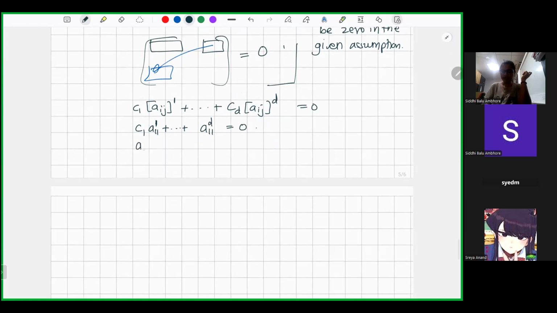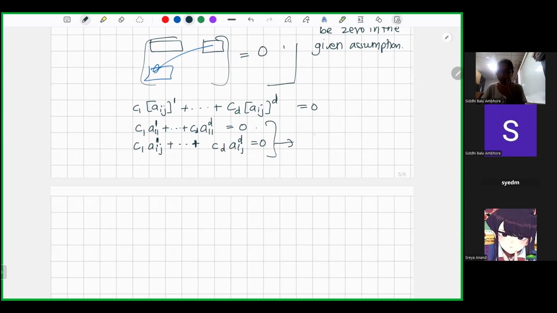And every entry, when I write c1 a_ij^1, this is the ij-th entry of A1, okay? And so on up to c_d a_ij^d will be 0. And even if I take the transpose, this will remain the same.